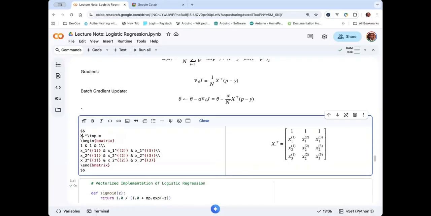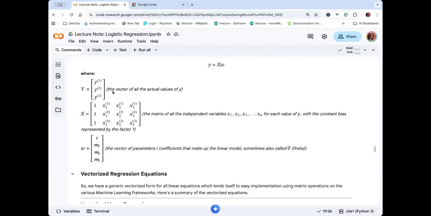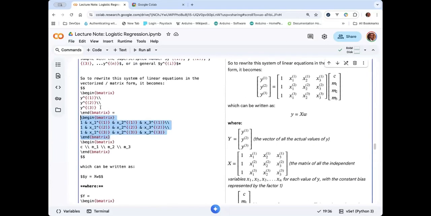Okay, so this is X transpose. If you take X transpose, you will now multiply it by the Y, the predicted Y values, which I can actually do as a matrix.